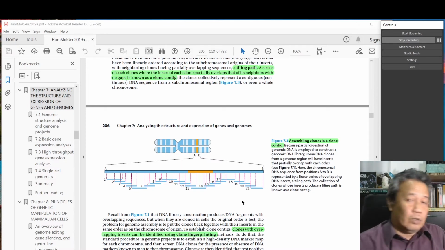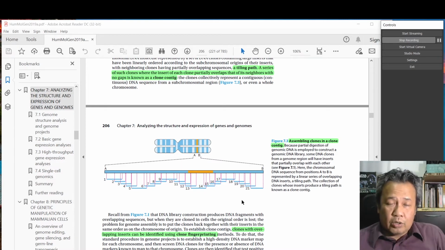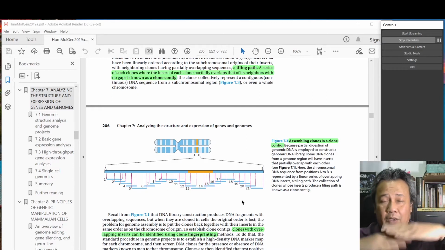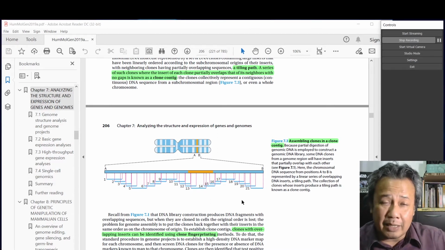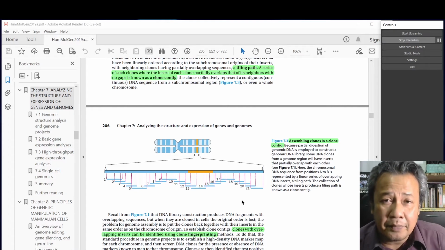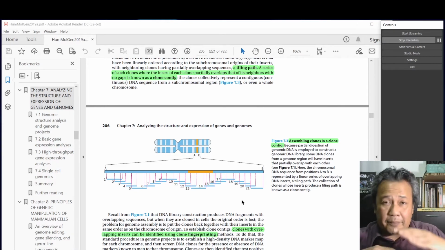So this is the use of having these STSs, the markers, and they allow you to put the clones together and assemble them into what you call a contig. Contig comes from the word contiguous, and it refers to an overlapping collection of overlapping clones.